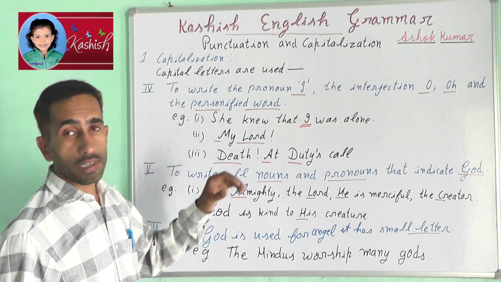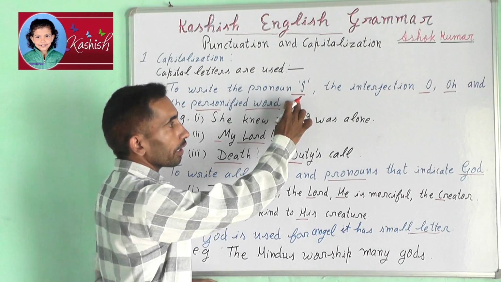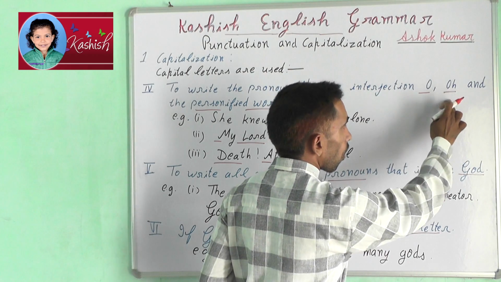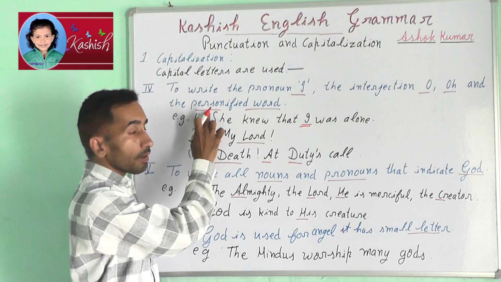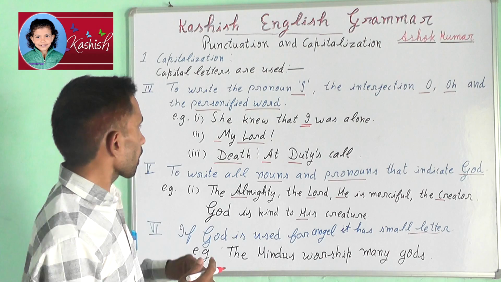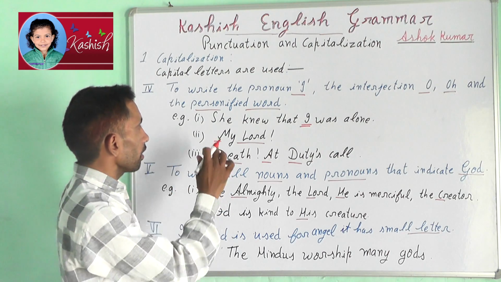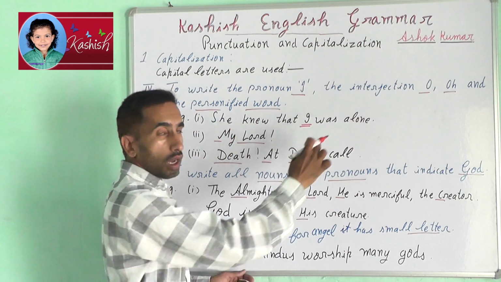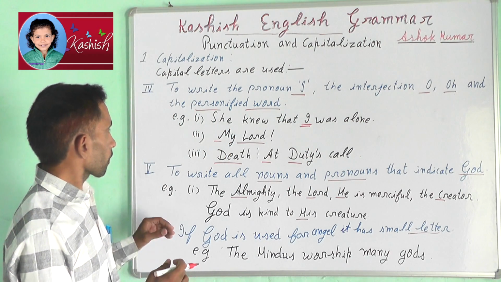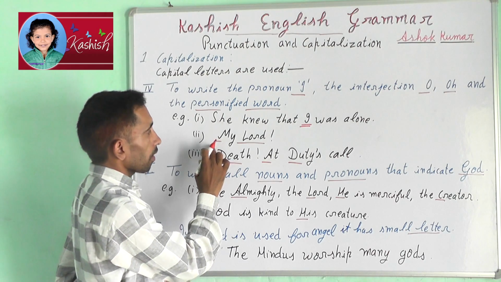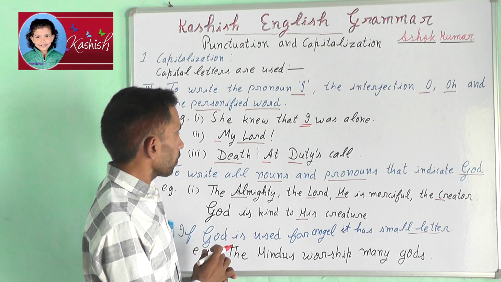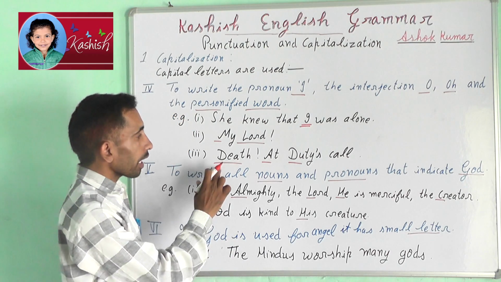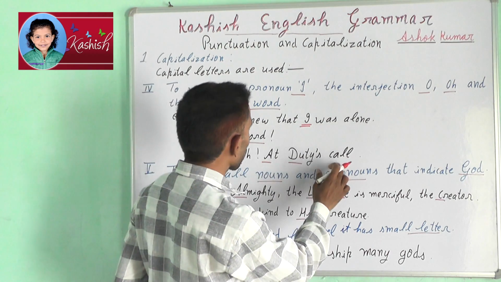Fourth, to write the pronoun I, the interjection O, and the personified word. For example, she knew that I was alone. Next, O my lord. Next, doth at duty's call.